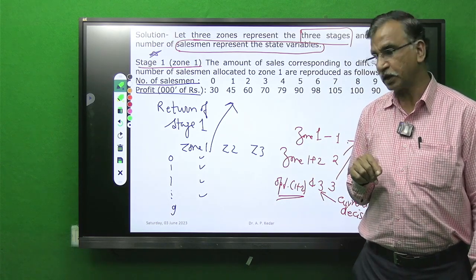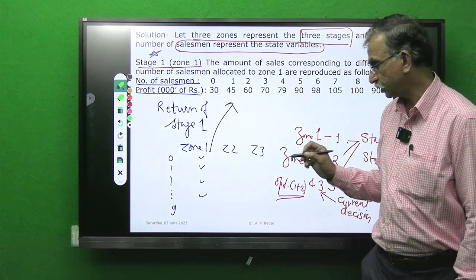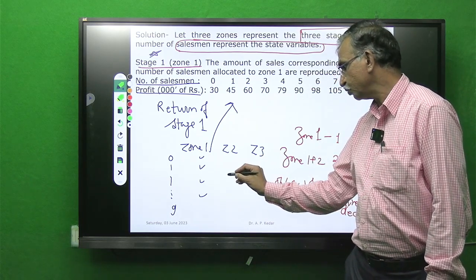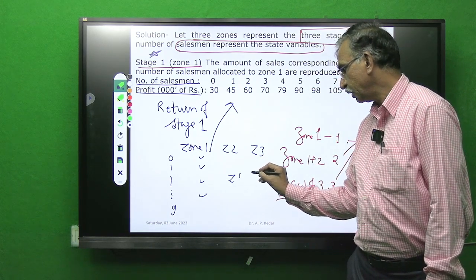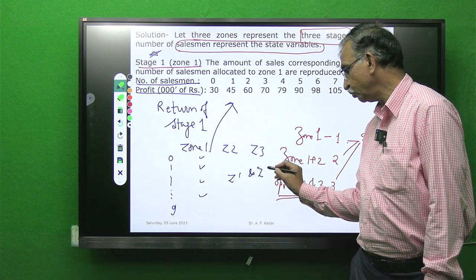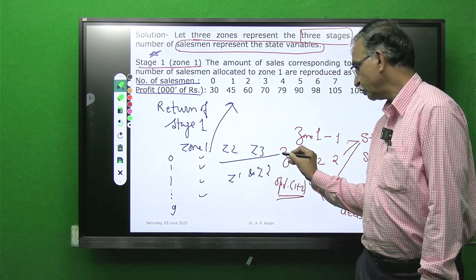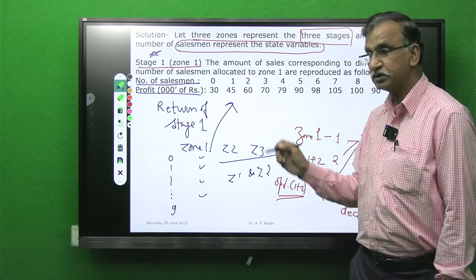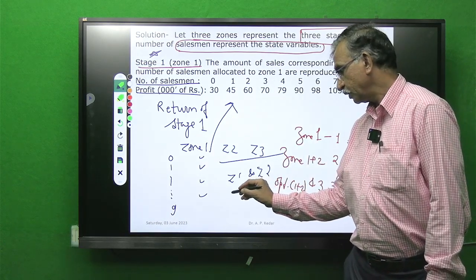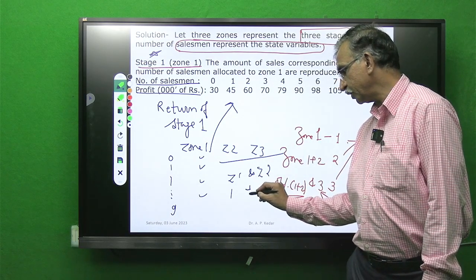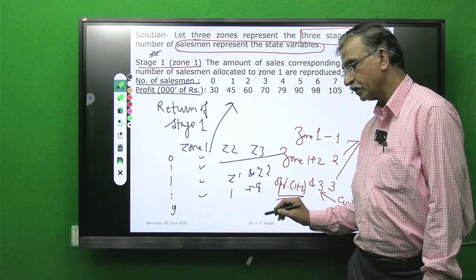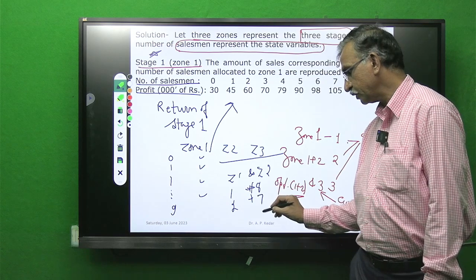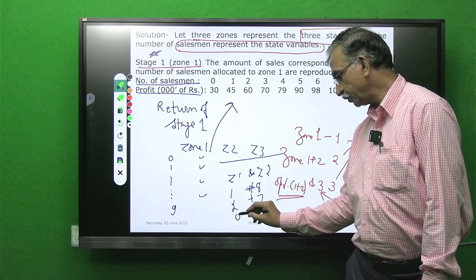But this is very important: if I now consider that I will go for zone 1 and zone 2, I will have a combination of these 9 salesmen in the form maybe 1 plus 8, maybe 2 plus 7, maybe 0 plus 9.